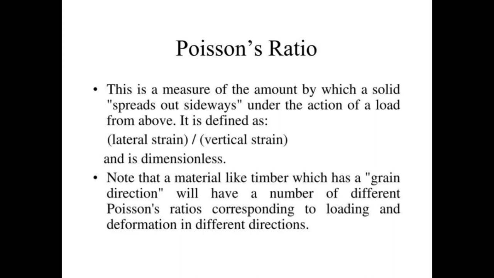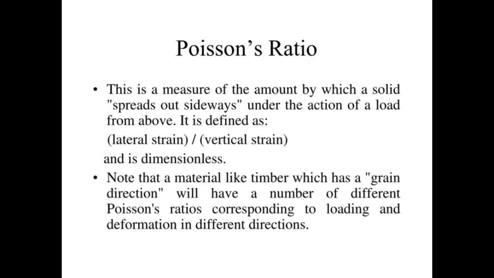And the next one is Poisson's ratio. What does Poisson's ratio mean? This is a measure of the amount by which a solid spreads out sideways under the action of load from above. It is commonly represented as lateral strain by vertical strain. What is lateral strain?